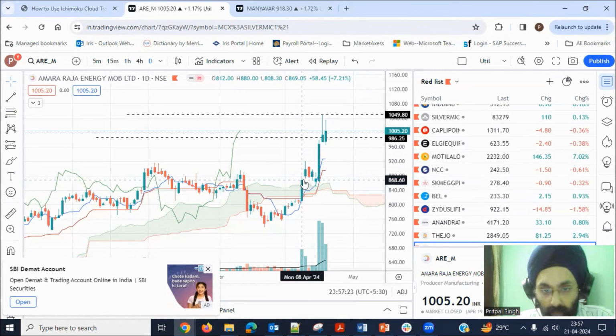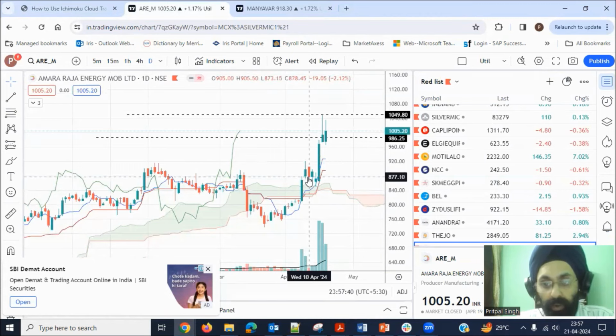So there are two ways to enter. One is that you can enter immediately at the open price, which will be somewhere here, 879.55. Or if you are a more conservative trader, you can wait for the retracement.